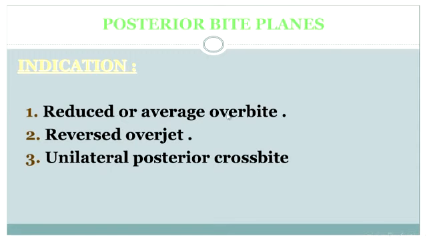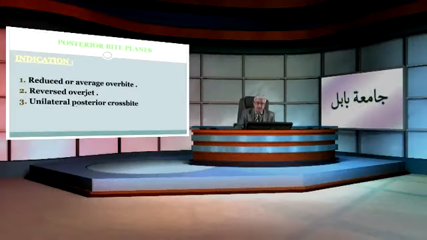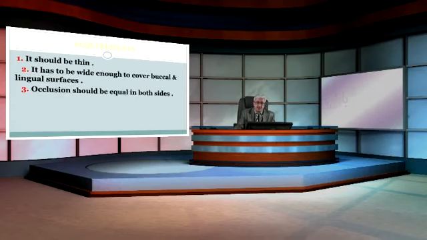The indications: reduce overjet, reduce an average overbite, reverse overjet, unilateral posterior crossbite. Therefore, it should be thin, because if it is thick it will interfere with the occlusion of the patient and become more uncomfortable, and a child may not wear the appliance, and sometimes removes it without the parents knowing.